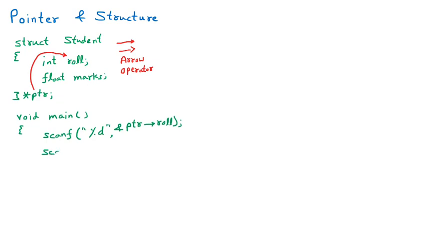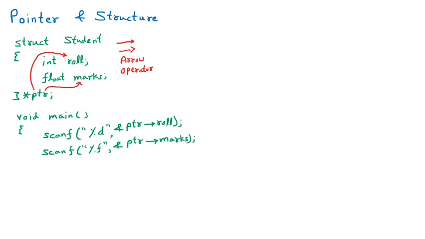If I have to take the input for marks, we will write scanf %f for the float value because marks is a float, and the & sign. From the ptr we are going to use the marks. As ptr is a pointer, we will say ptr pointing to marks. That is the only difference.